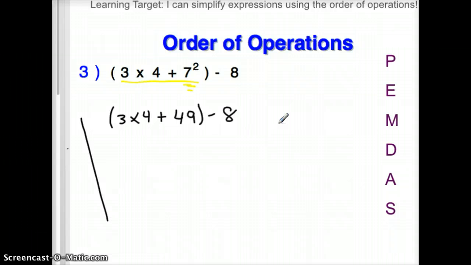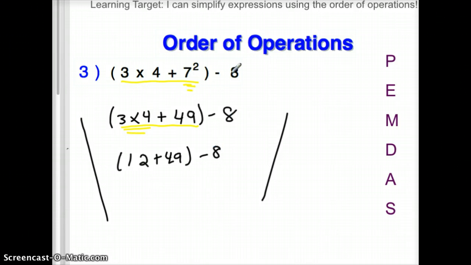Oh, and I forgot our little tunnel thing, how we're going to be narrowing it down. Now I'm still working inside these parentheses. Do I have multiplication? Because I already took care of my exponent, so now I'm moving on to the M. And I do. So here's what I'm focusing on inside. 3 times 4 is 12. Still working inside the parentheses.